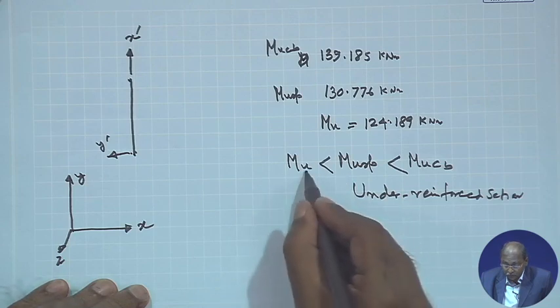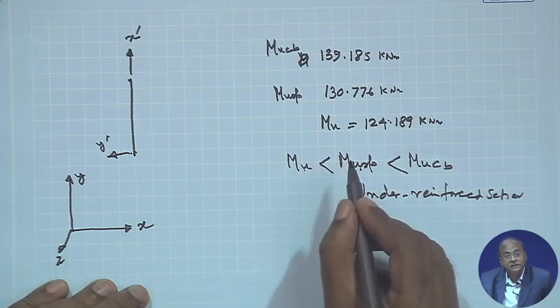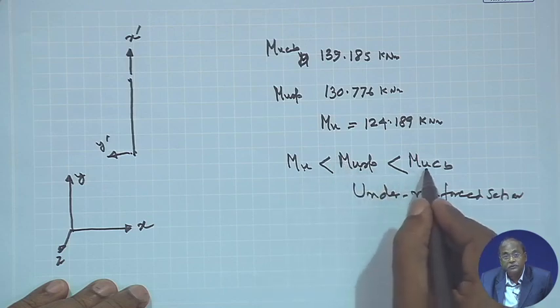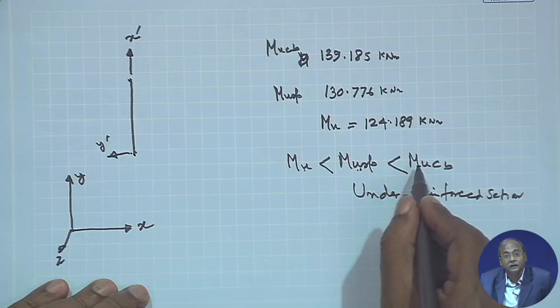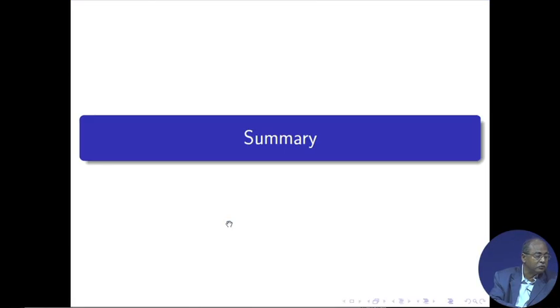So, here Mu SP provided is more than Mu, so that means it is safe. Further, Mu CB, that particular one for concrete, is more than that Mu SP, so it is under reinforced. So, this is the one that we would like to show you here.